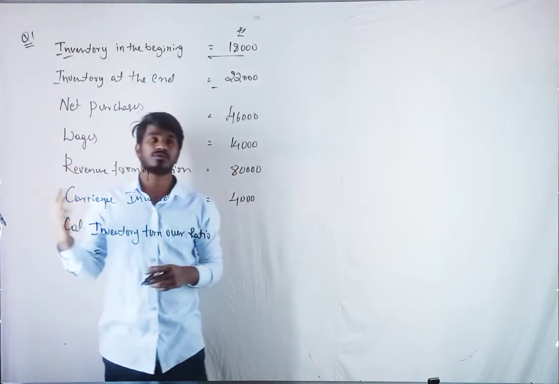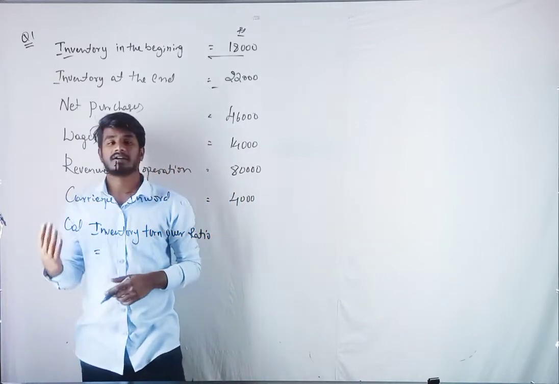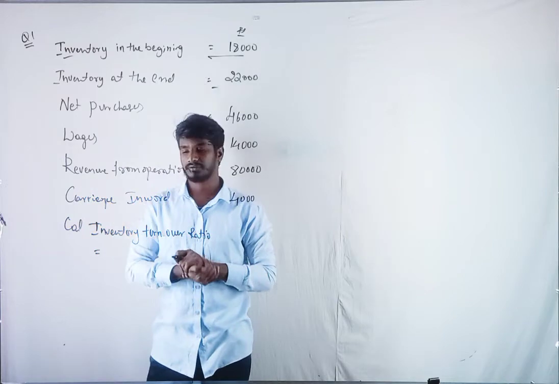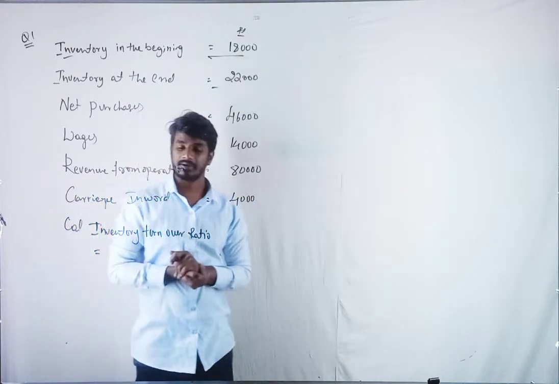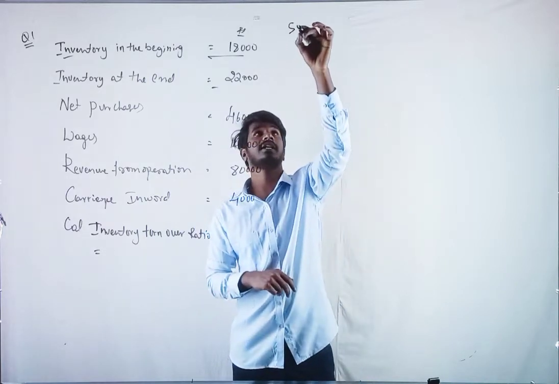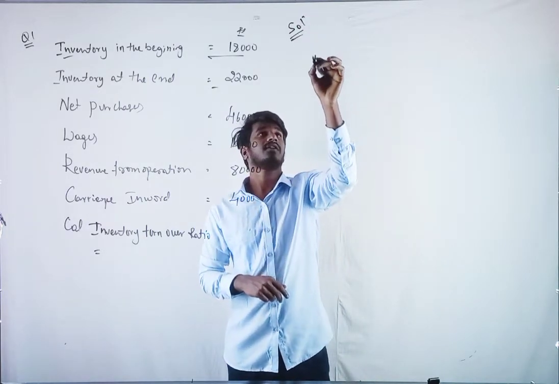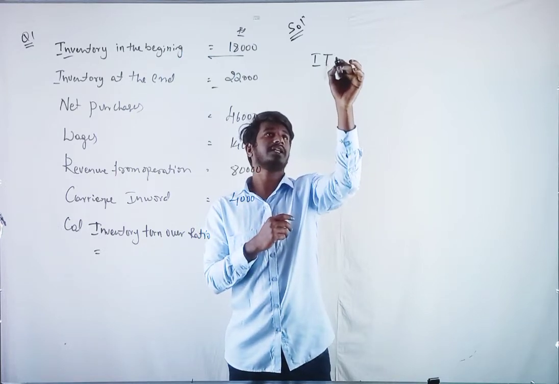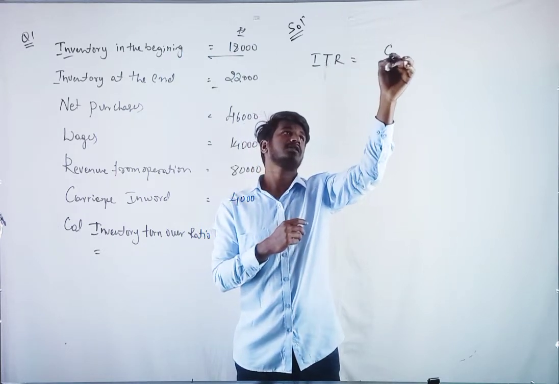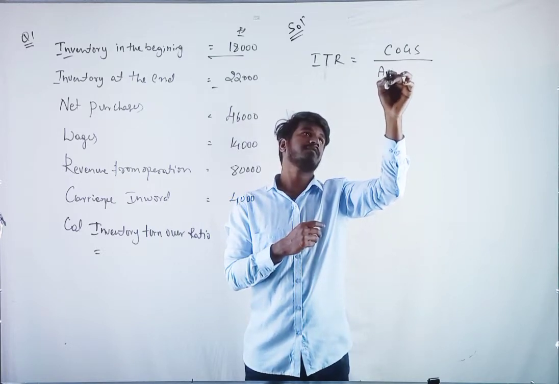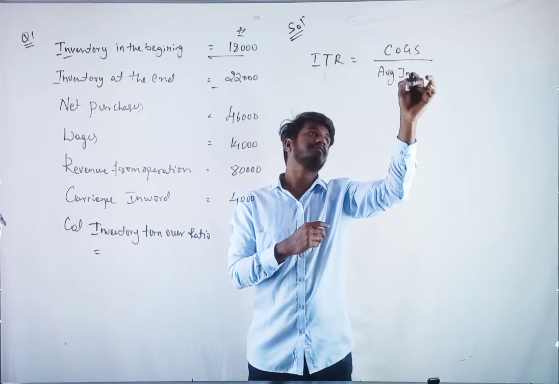They have given wages 14,000, revenue from operation 80,000, carriage inward 4,000. Calculate inventory turnover ratio. What is the formula for inventory turnover ratio? It is cost of goods sold divided by average inventory.